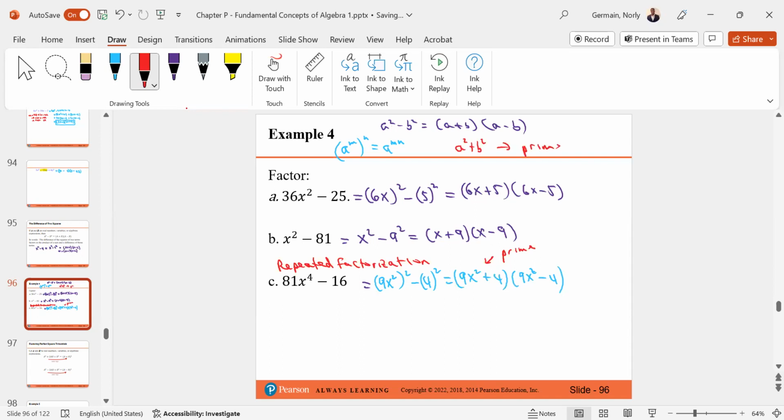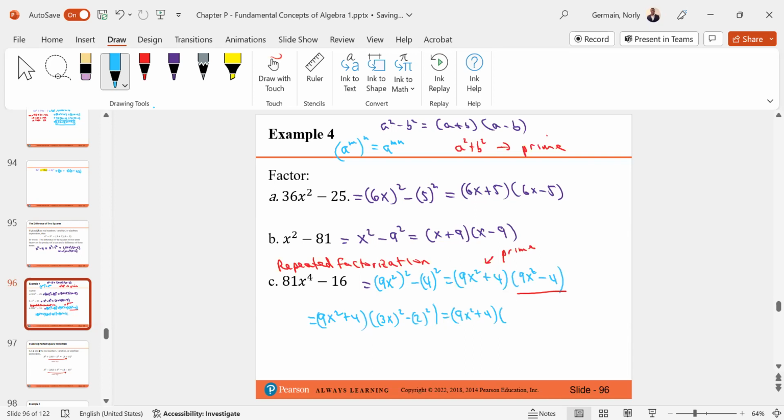It cannot be factored. So the first term is okay. But look at the second one. We can rewrite the second one, keeping the first one as is, 9x squared plus 4 times 3x to the power 2 minus 2 to the power 2.